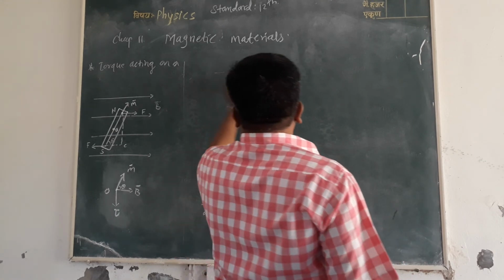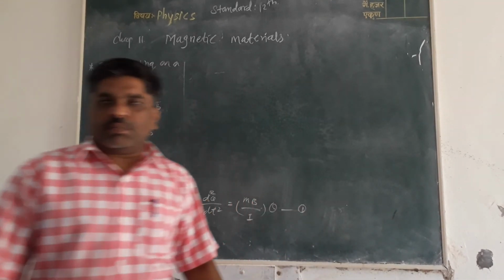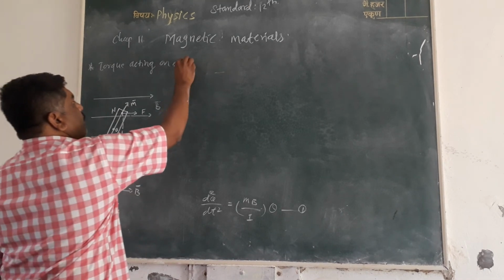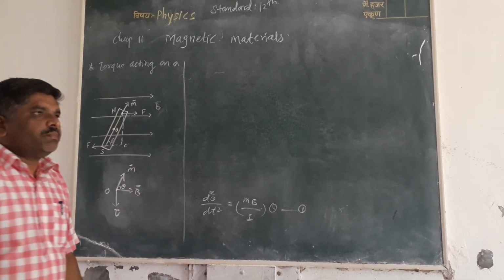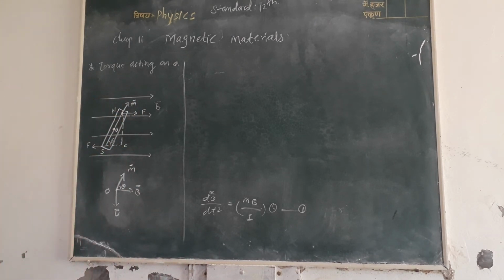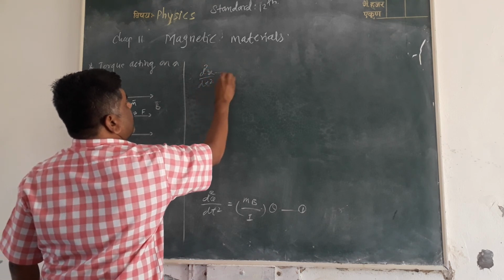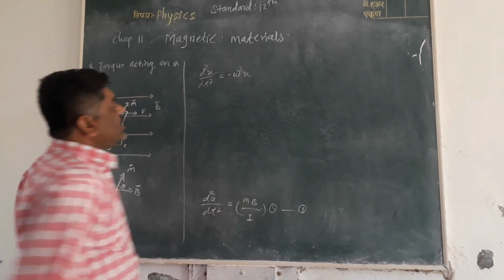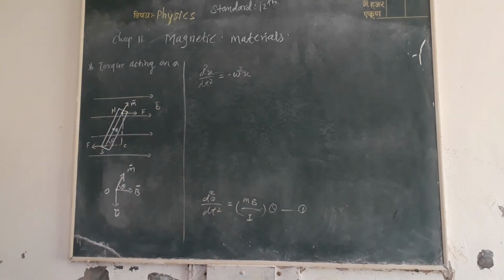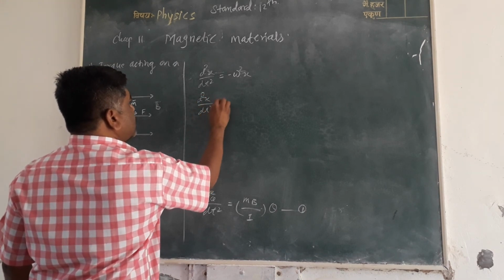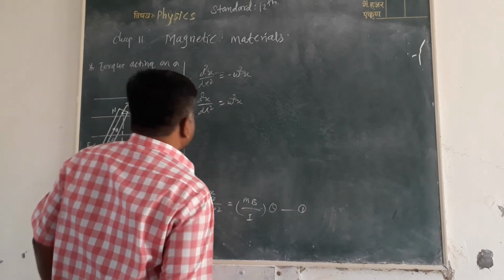Also, in the previous chapter, oscillation, we see the equation of simple harmonic motion, and that equation of acceleration, d square x upon dt square, is equal to minus omega square x. Now consider only magnitude: d square x upon dt square is equal to omega square x.